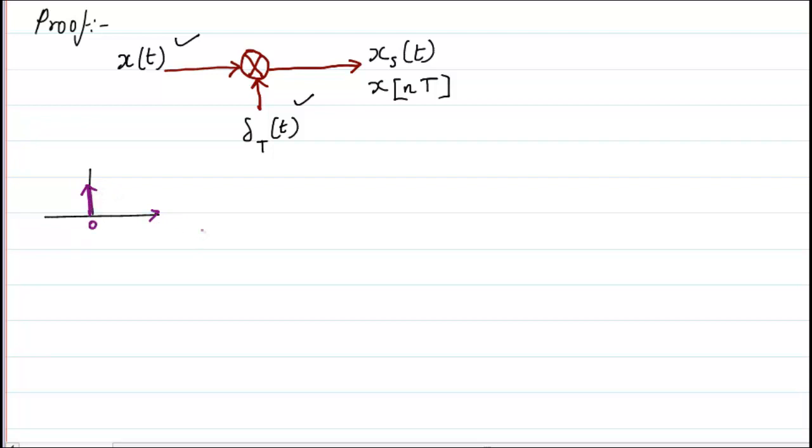But what is the meaning of a train of delta sequence? A train of delta sequence is when you have many delta signals. Let me draw them for your information. This is at t equal to 0.